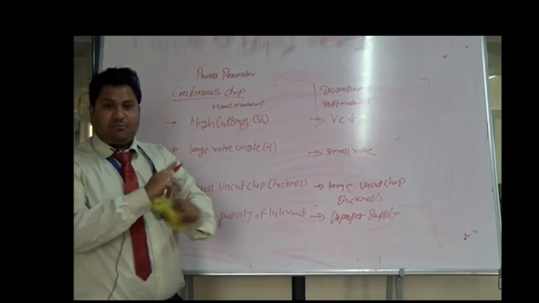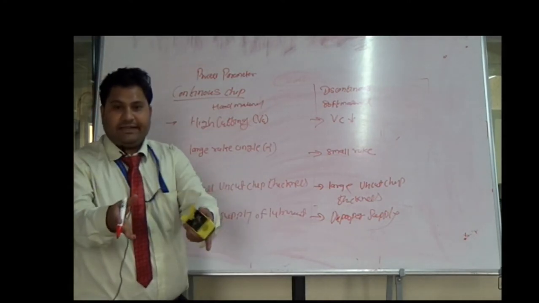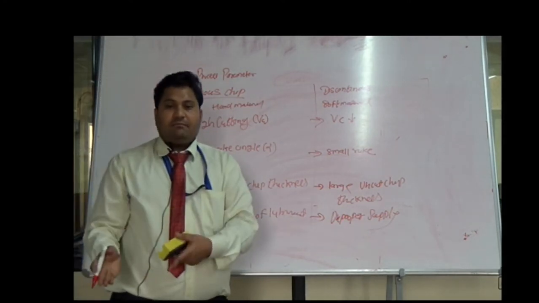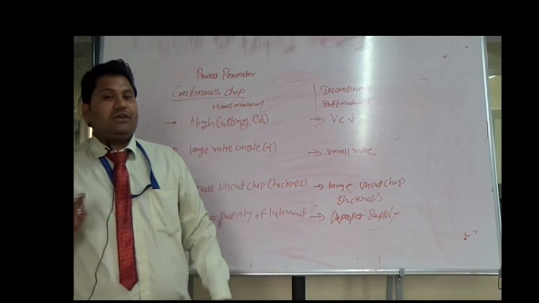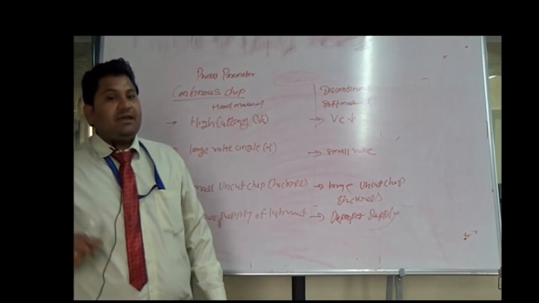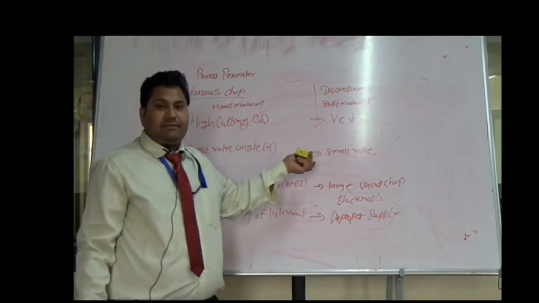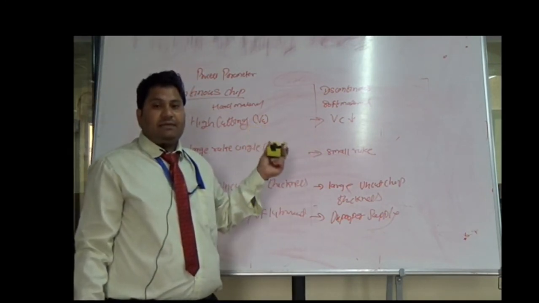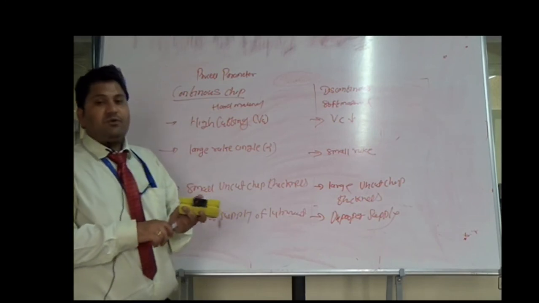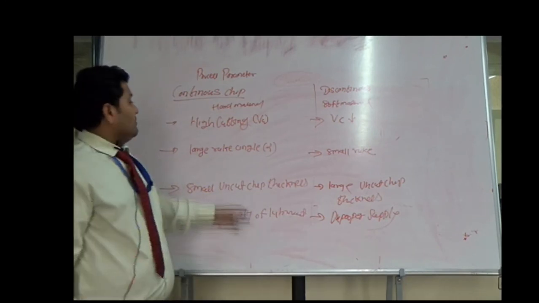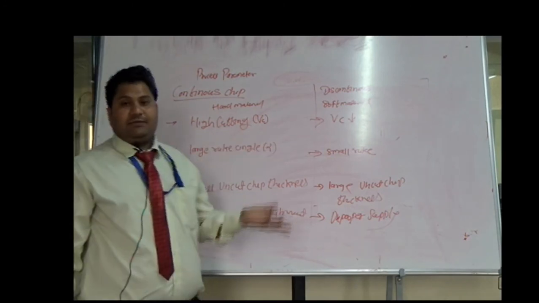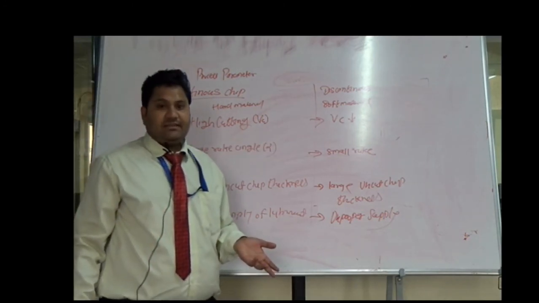If you change the process parameters for a particular material, whether ductile or brittle, the type of chips formed changes. So remember this important point: if you change the process parameters, your type of chips also changes.